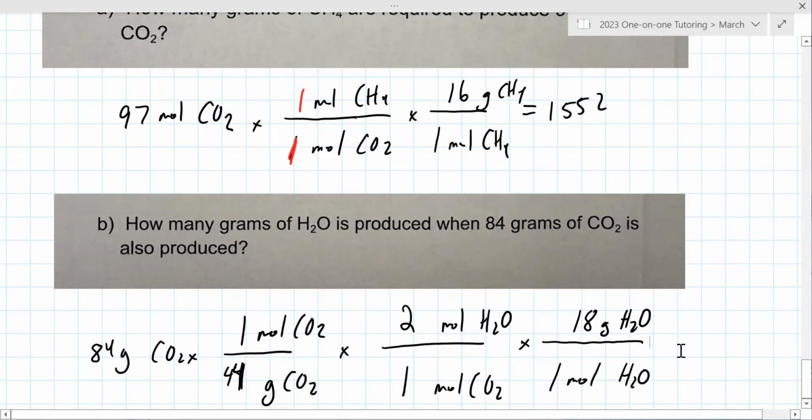And then just plug that in. 69. Yep. 69 grams of H2O.